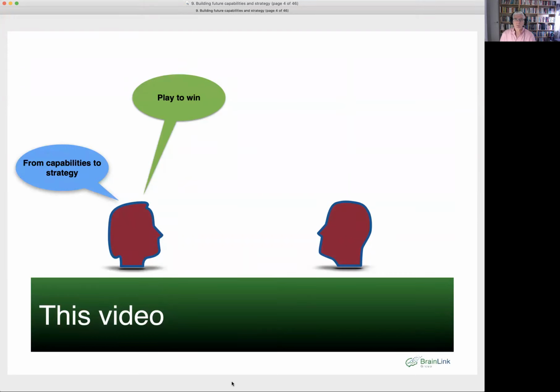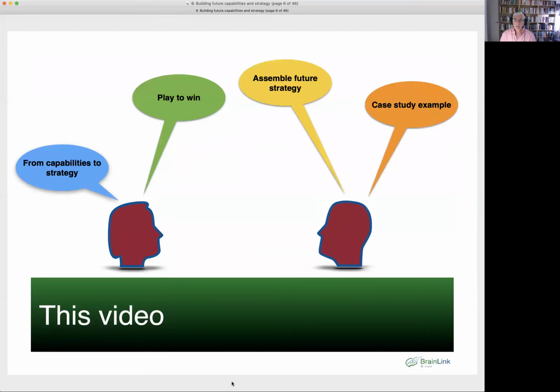And that's really called the play to win strategy, or play to win framework. Then we'll actually begin assembling the various components of the play to win future strategy. And along the way, I'll share with you a case study example of a pharmaceutical company that we used when we applied this particular framework.